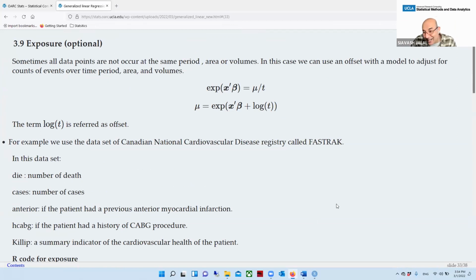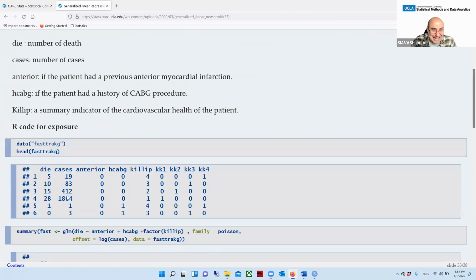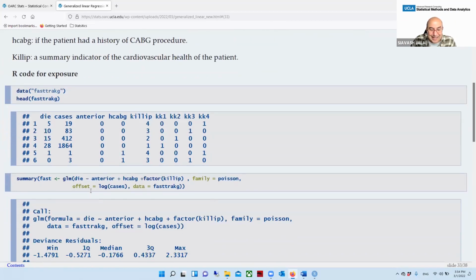Exposure, I put it as an option. Really, I don't have time, but in here, you can see one example. Basically, log of exposure is basically offset, right? So in this example, there is data that has number of cases and then number of deaths. So you can look at that. I'm sure you get it.